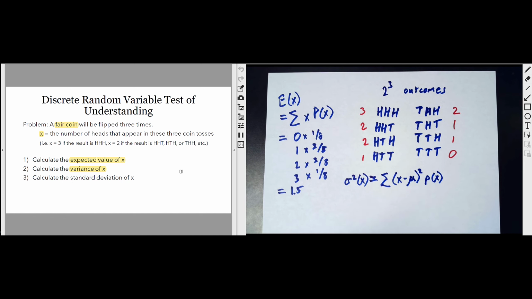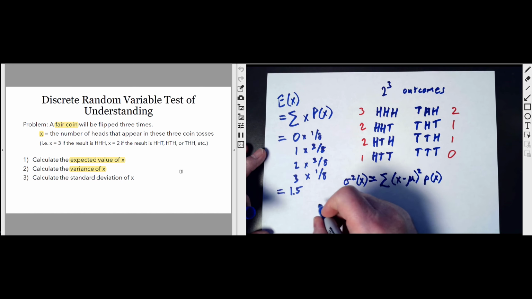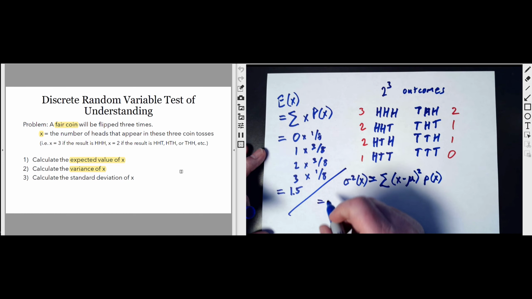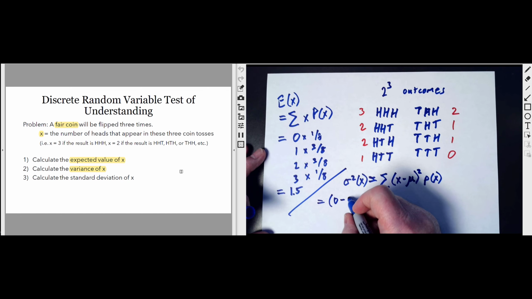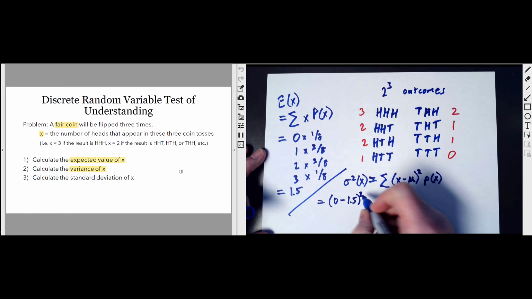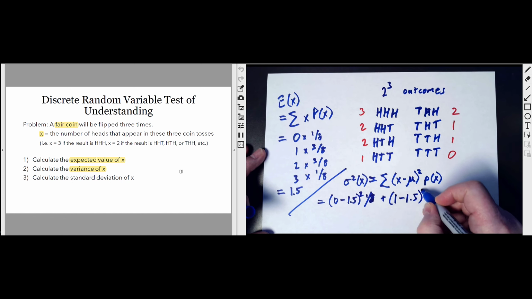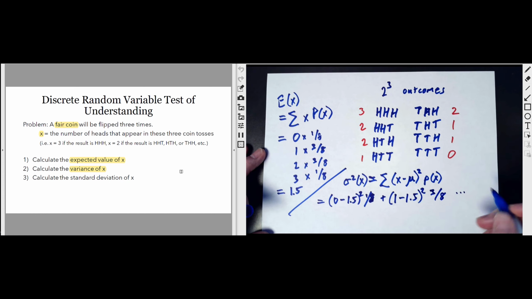So this is going to be 0 minus 1.5 squared times 1/8 plus 1 minus 1.5 squared times 3/8, and so on.